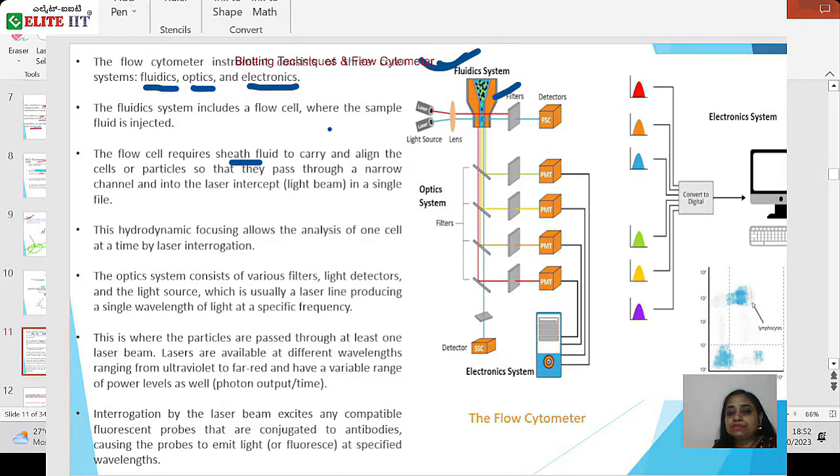The flow cell is where the sample is loaded.